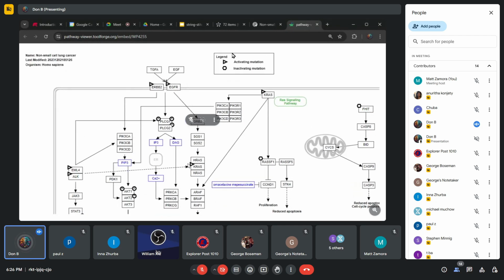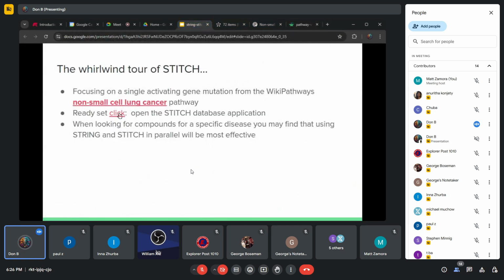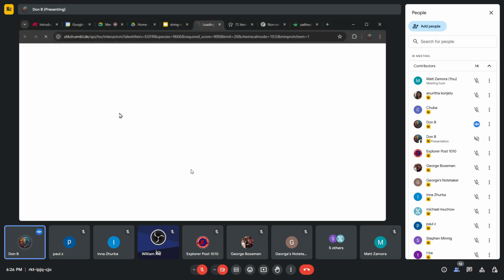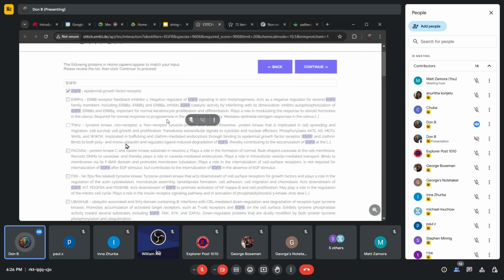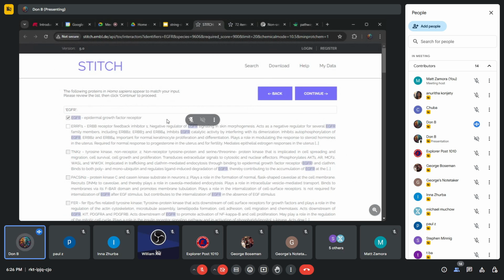But that's a fundamental aspect. So here, the key thought, and what we're going to drill in next, is EGFR. I think that's what it's set up here. Yep. So EGFR is the identifier to drive the construction of the network.